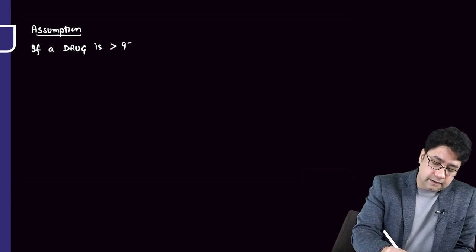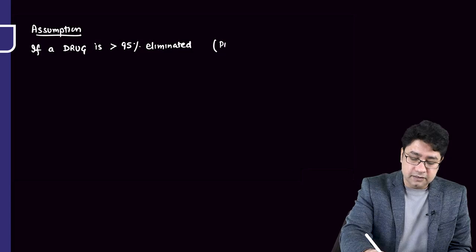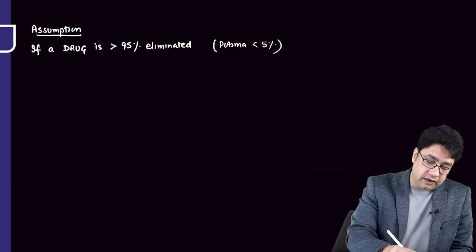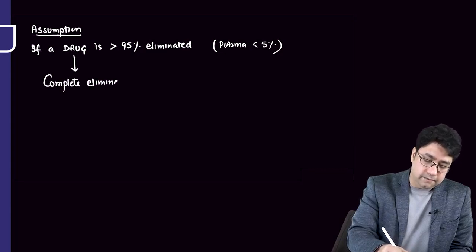So let's write this point again. One assumption in pharmacokinetics is that if a drug is more than 95% eliminated, that means its plasma concentration is now less than 5%, we assume complete elimination of the drug from the body.